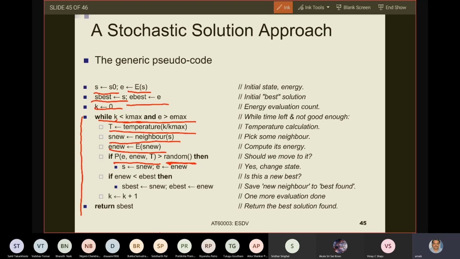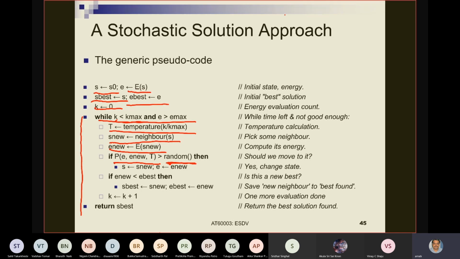But it is a random number generator that will always be between 0 and 1. What will be the exact lower bound of that? The upper bound will always be 1. The lower bound can be decided depending on the problem you have. But whatever it is, it is a random number between 0 and 1. With this understanding, let us first see what P of E, E new, T is in the next slide.